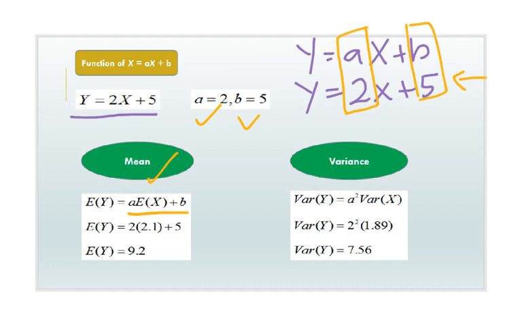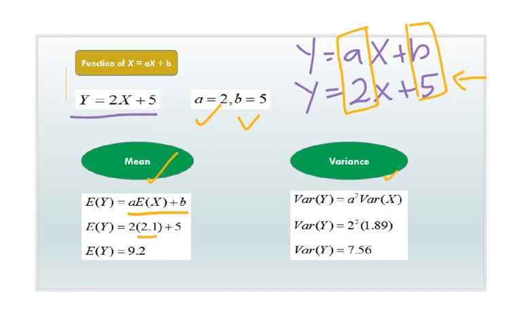So you just substitute the values. a is 2, expected value of X we calculated in the second property, which is 2.1, and then plus b, which is 5. Then you can calculate the expected value of Y, which is 9.2.